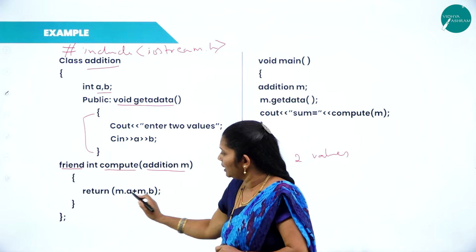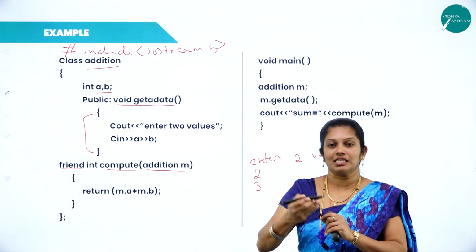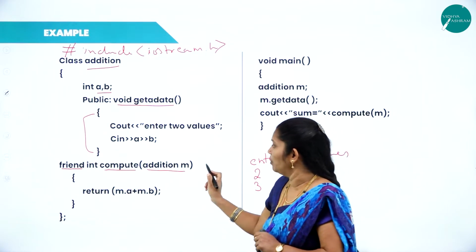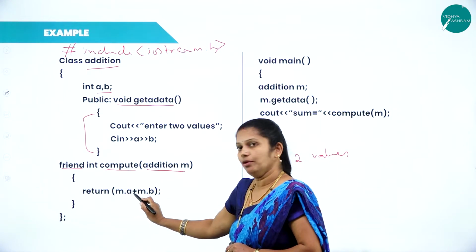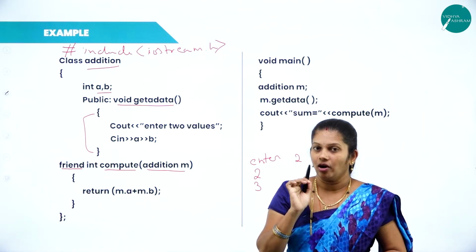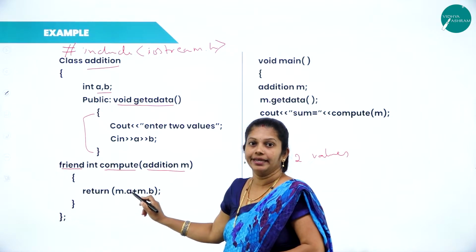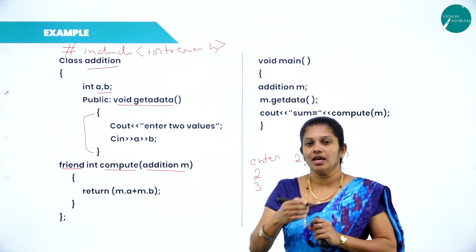But here we have to write m.a, because we cannot access the values directly; we need the help of object name dot member name. If I want to access any data or functions, I have to mention the object name dot data members.